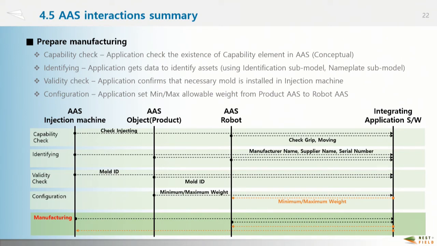Then you identify the asset, whether it is the right asset you were looking for. After that, you validate whether the mold is installed in the injection machine, and whether the right mold is installed.